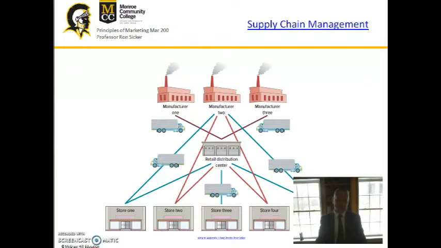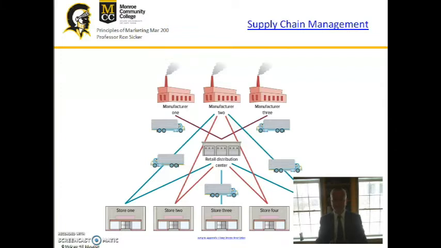In this particular graphic, what you see is retail distribution centers that go to different stores. So there are retail distribution centers for each one of those computers, and then those retail distribution centers go to the Best Buys. So it makes it easy and it reduces transactions and it reduces times for the store on the seller side, but it also reduces transactions and it reduces times for the consumer on the buyer side.